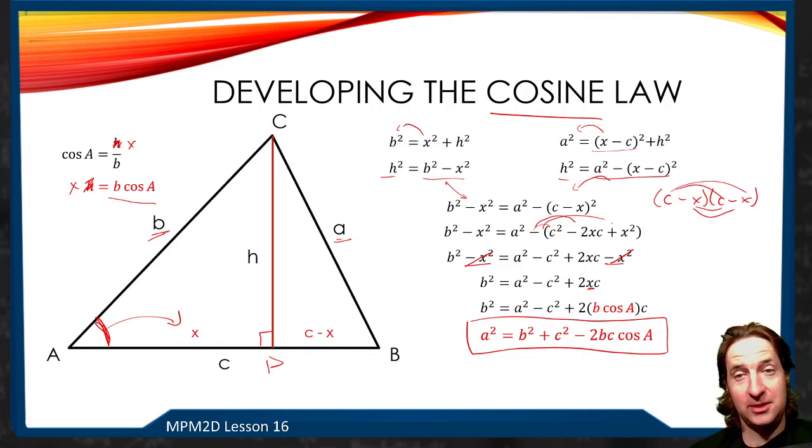It looks very similar to Pythagorean theorem. Pythagorean theorem, actually, you can think of it as a specific case of the cosine law. Because in Pythagorean theorem, it's a 90-degree angle, and the cosine of 90 is 0, so this whole other term disappears, and we just end up with Pythagorean theorem.